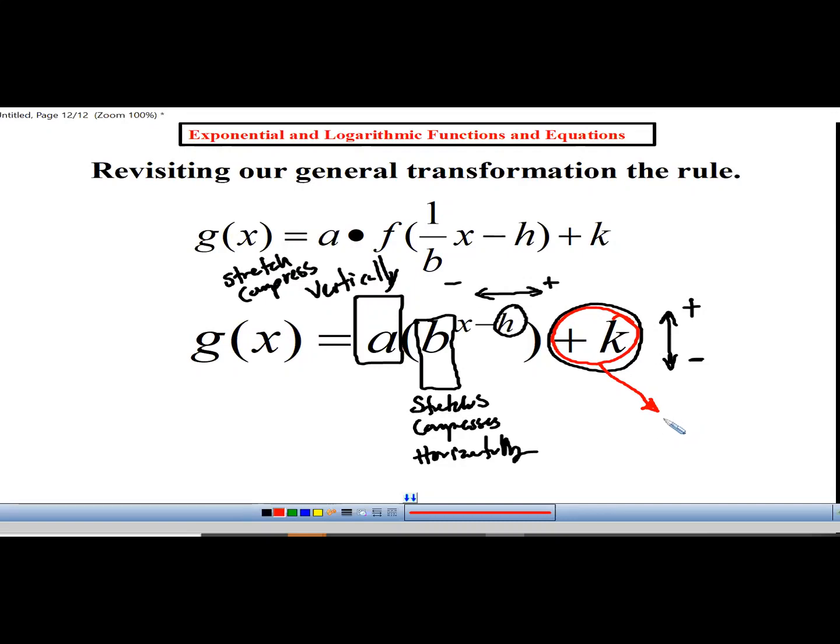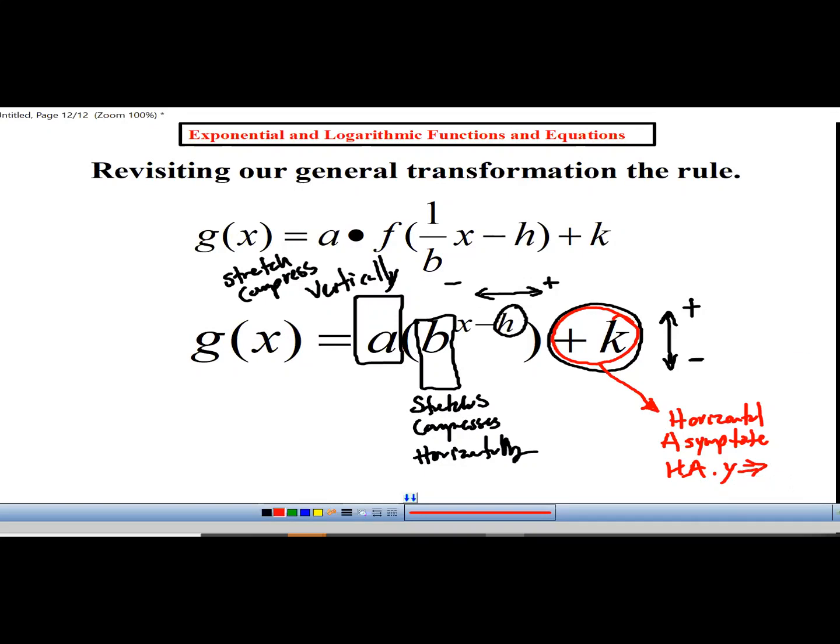What was K? It shifts it. The horizontal asymptote. That is correct. Horizontal asymptote, or our HA, which is y equals 2. So for today, that even applies to the exponential function. Keep that in mind because we're going to use that today, okay?